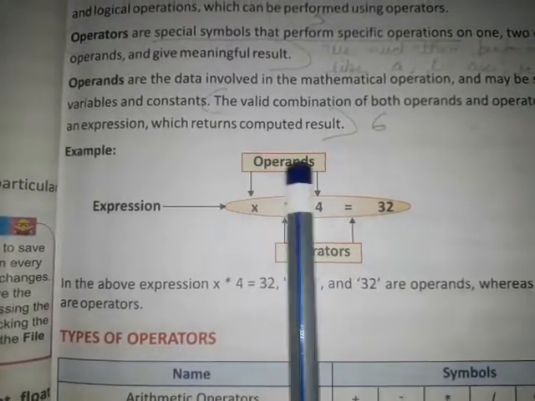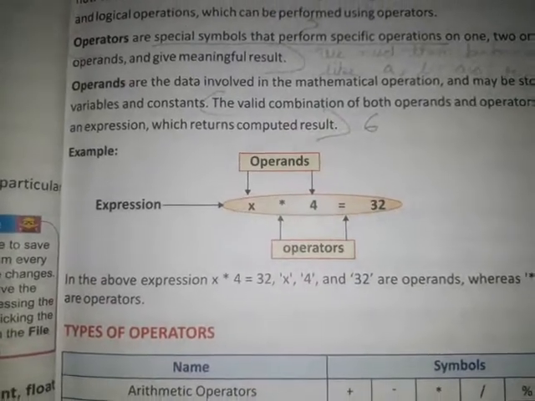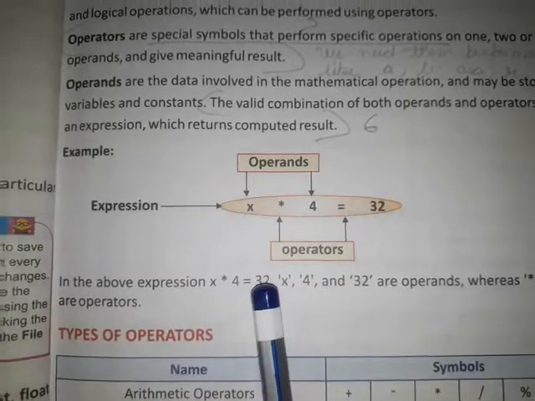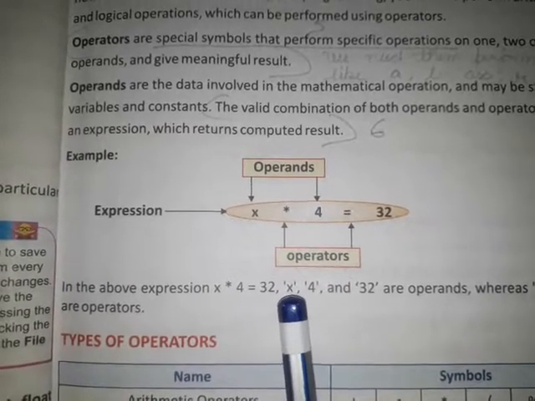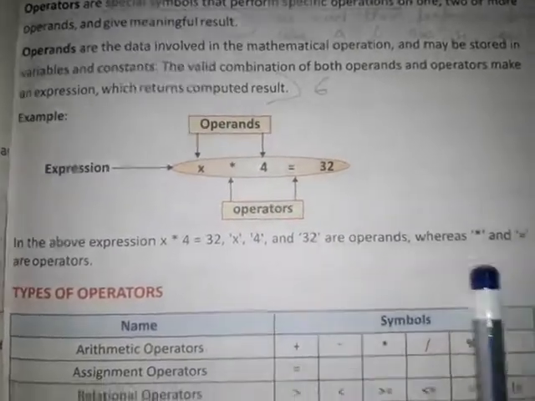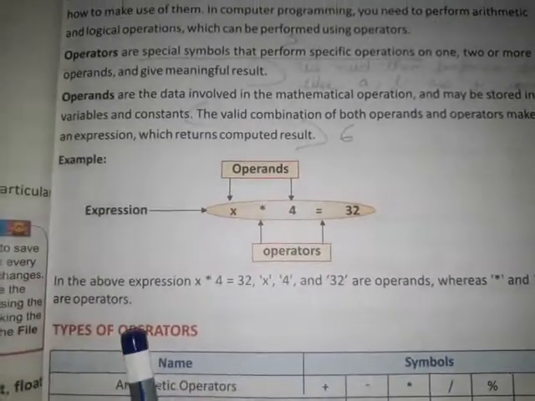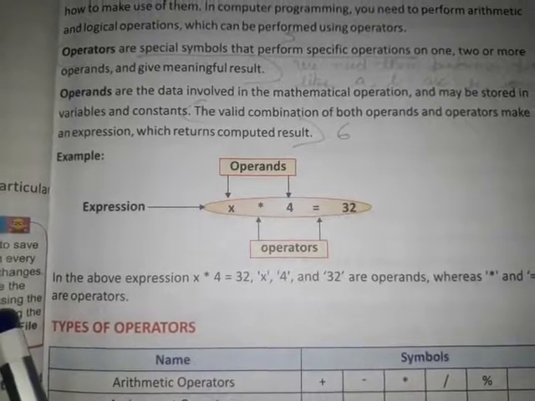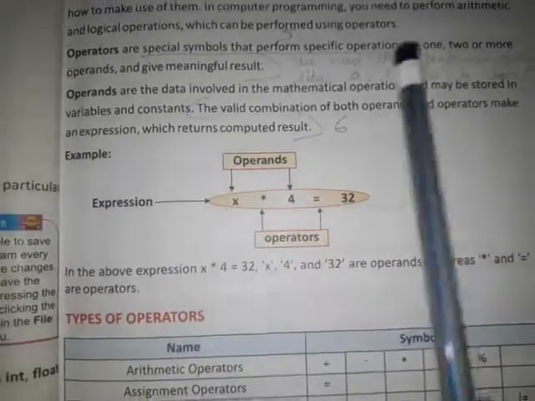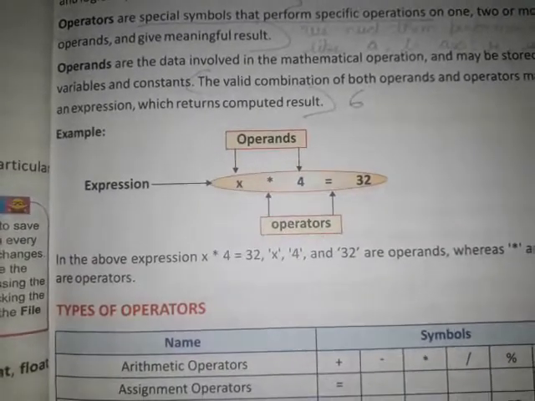So this is an expression which gives some results. In the above expression, x multiply 4 equals 32, x, 4 and 32 are operands, whereas multiply and equals to are operators. We will discuss it in detail in the next part of the class.